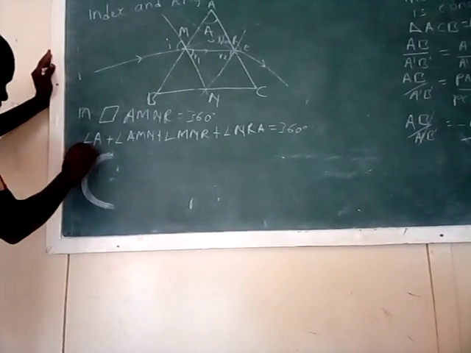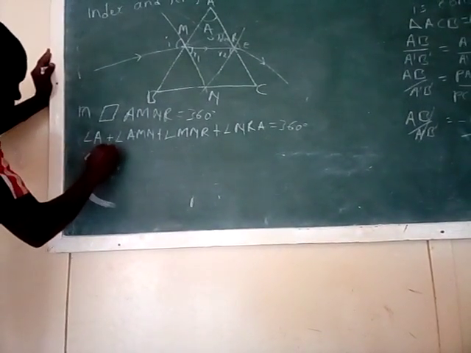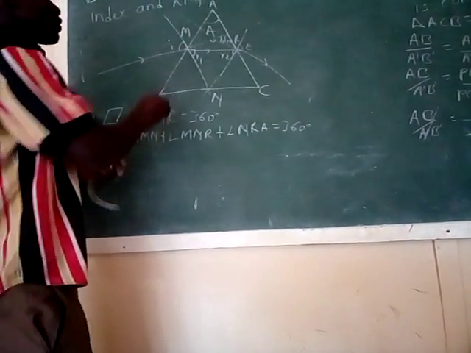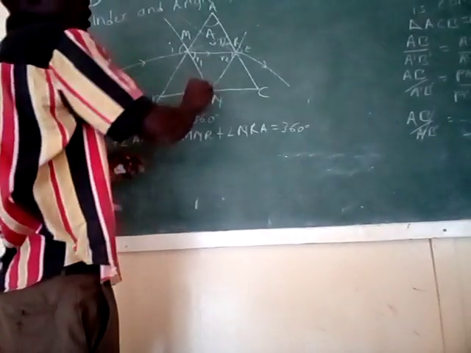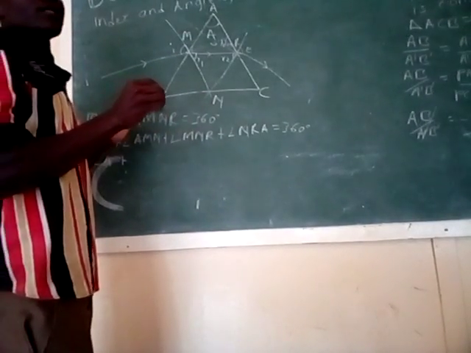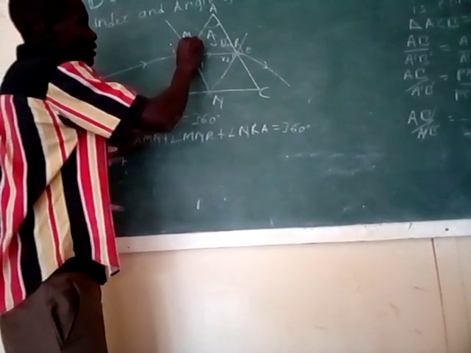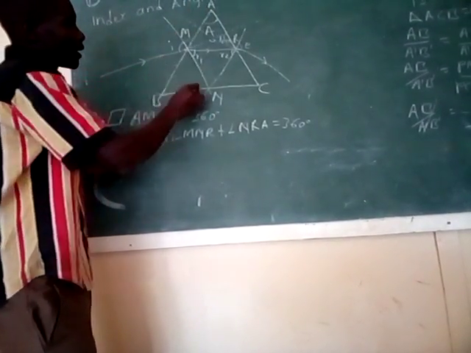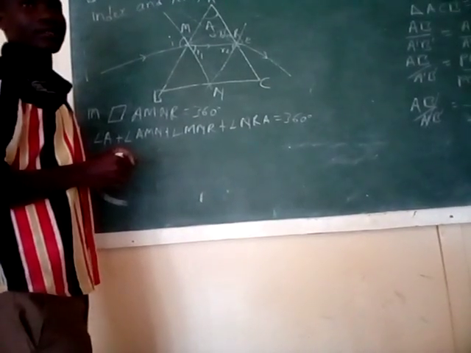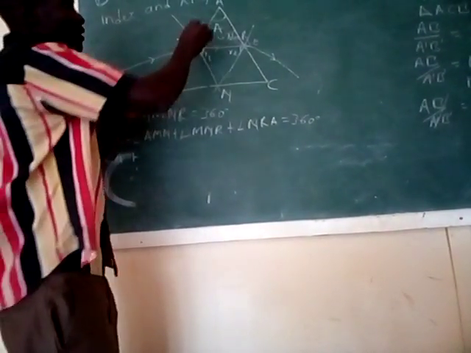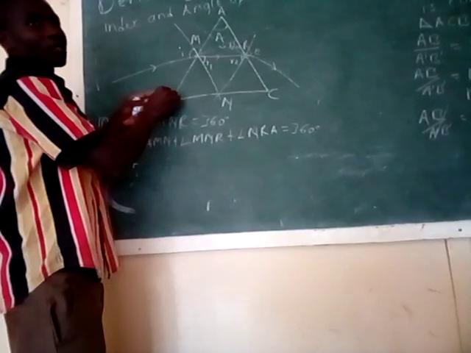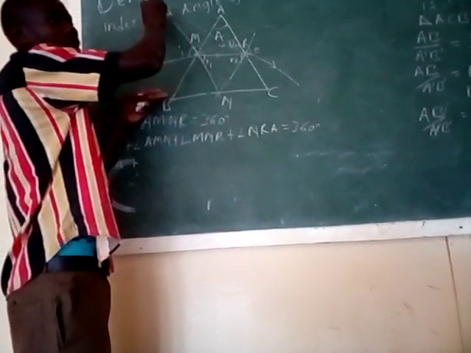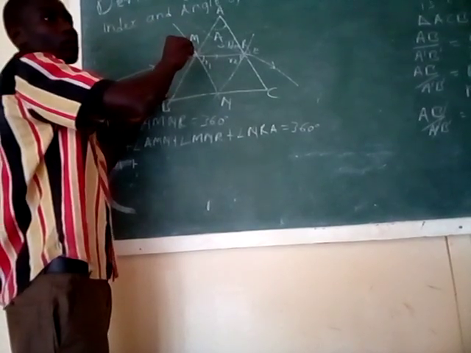Now we have angle A plus angle AMN. You see, this one is the normal, and normally the normal cuts the surface at 90 degrees. So here is 90, here is also 90. This is the surface, though it is tilted, and this is the normal. The normal cuts the surface perpendicularly, which is 90 degrees.